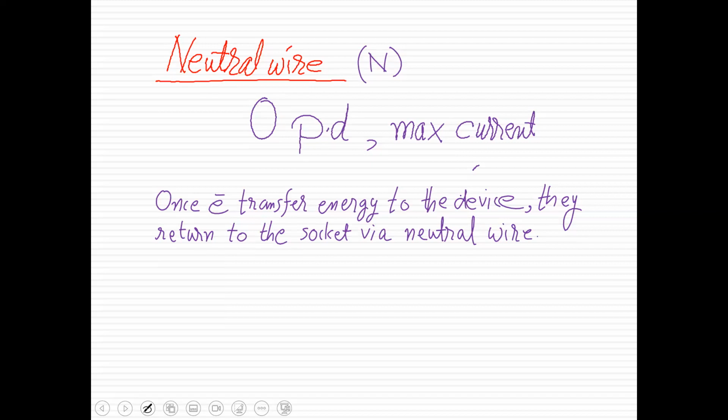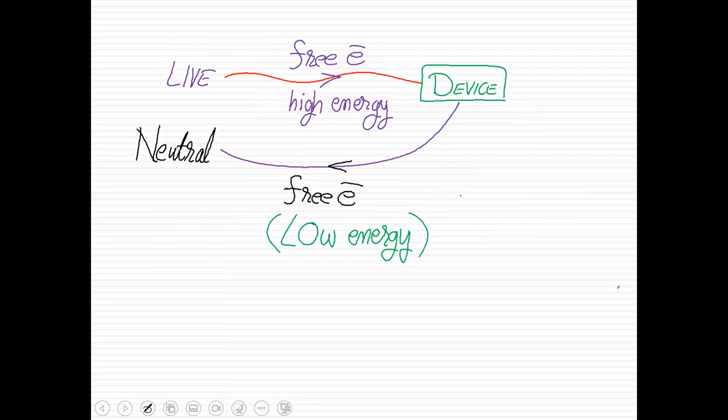When electrons transfer energy to the device, they return to the socket via the neutral wire. So this is how electricity works. Live wire carries the electrons to the device. They give them energy. Then they come back through the neutral wire. So neutral wire is the return wire.